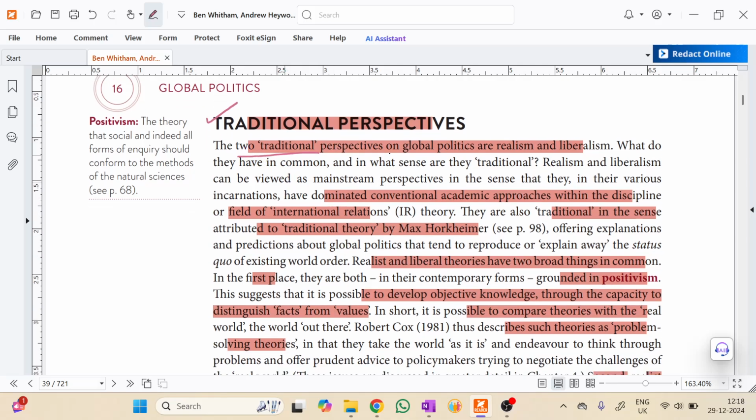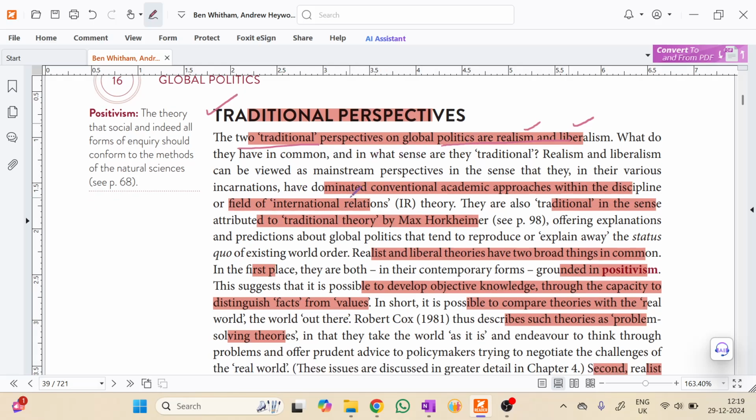Two traditional perspectives on global politics, realism and liberalism, both shaped the perspective for a long time, beginning with the Treaty of Westphalia, the Peace of Westphalia, and continuing in a major form up to the Second World War.